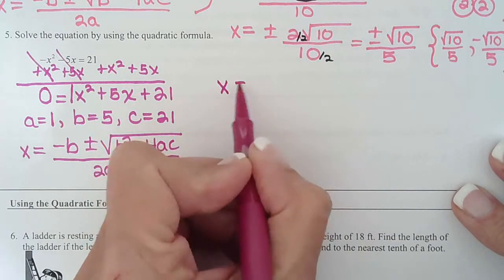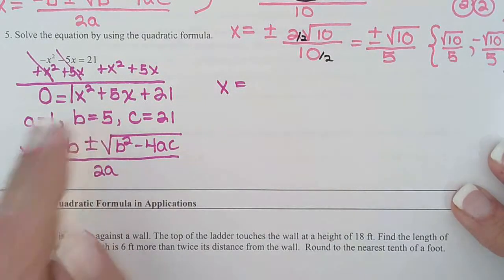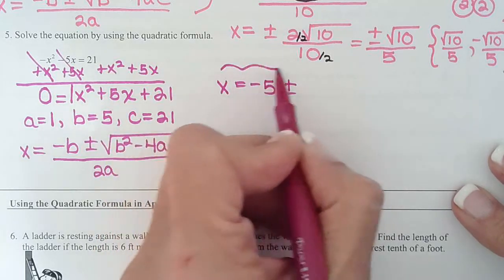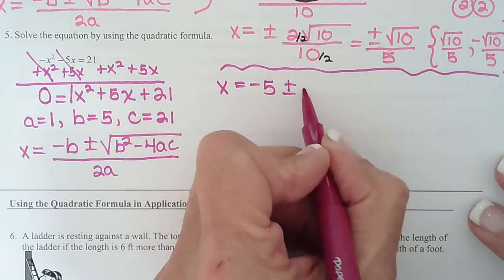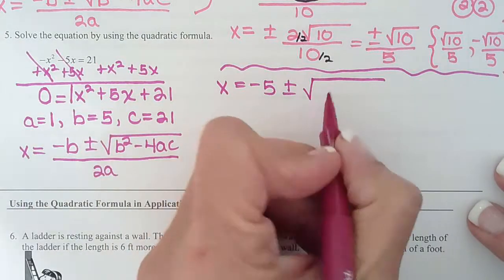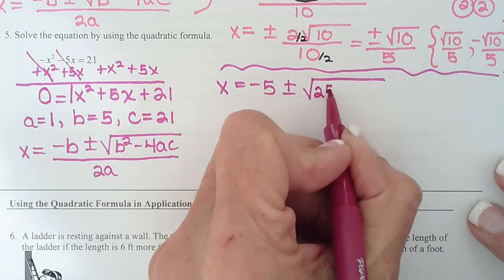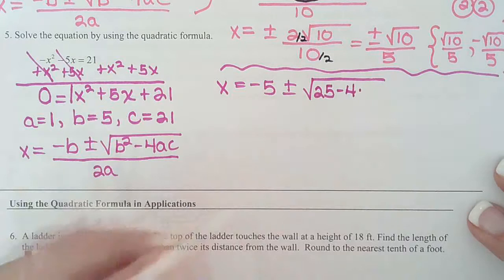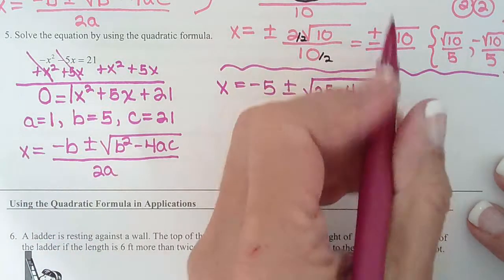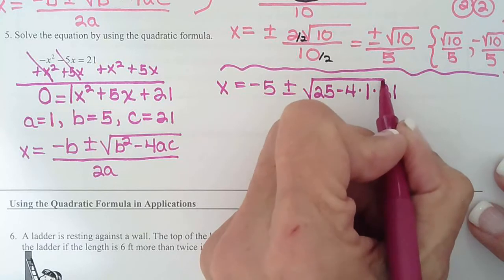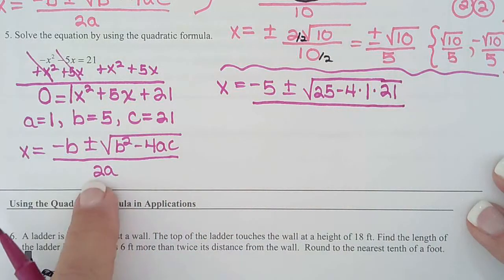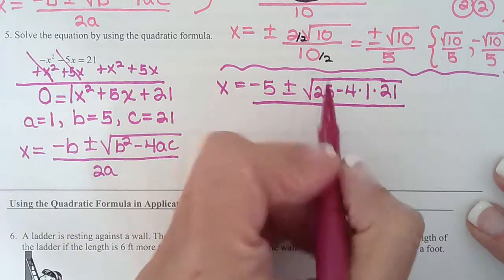So x equals, opposite of B would be negative 5 plus or minus square root of B squared. 5 times 5 is 25 minus 4 times A, which is 1, times C, which is 21. All over 2 times A, which would be 2 times 1.